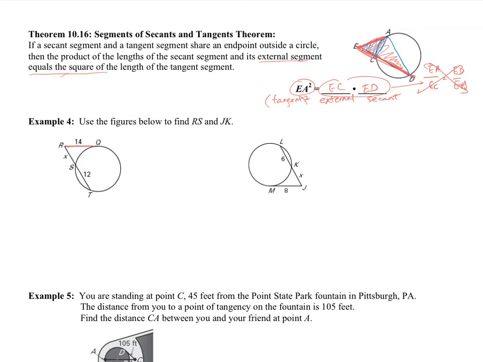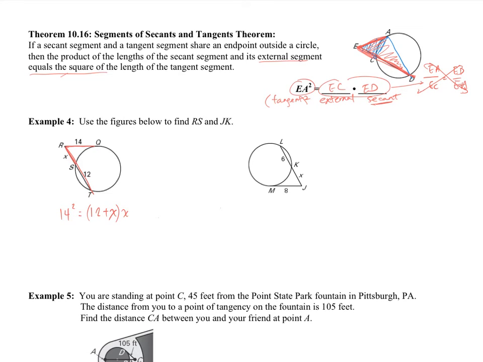So I can go ahead and square 14, 14 squared, and then set that equal to 12 plus x. Okay, so remember we want to multiply the entire secant segment by the external segment.